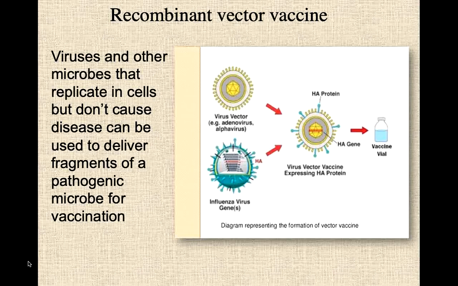So in this case we use vectors, organisms that have a gene of interest or gene of another pathogen, that could be bacteria or virus, cloned into it, and then you can get the response. Another benefit of such vector vaccines is that you are not limited to one single gene or one single protein.